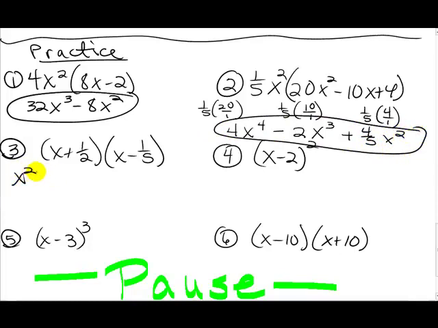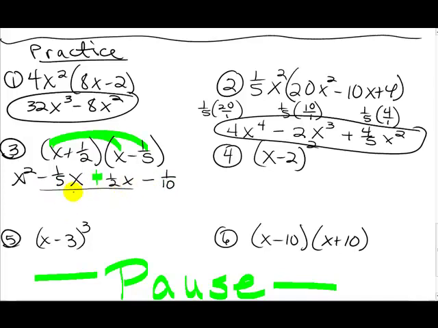Alright, x squared minus 1/5 x here. That's where I got that from. Plus 1/2 x minus, multiply those two.